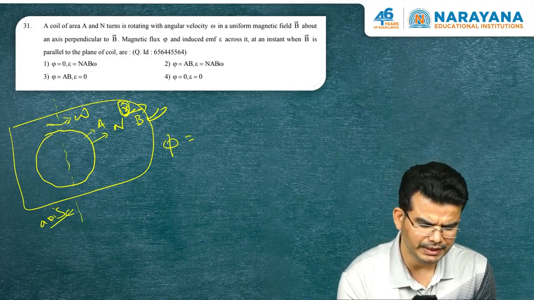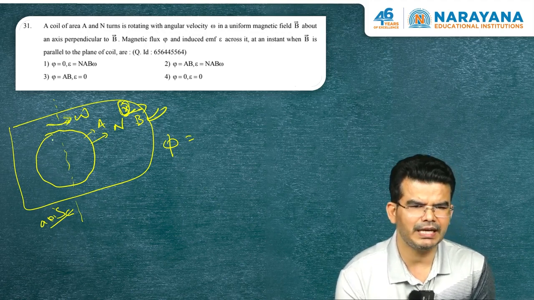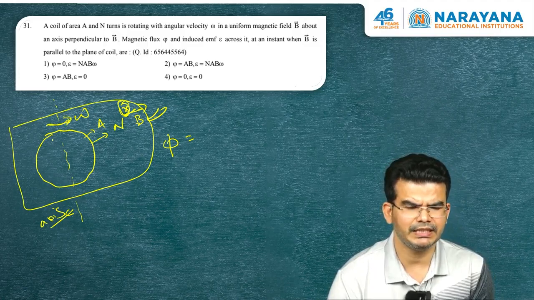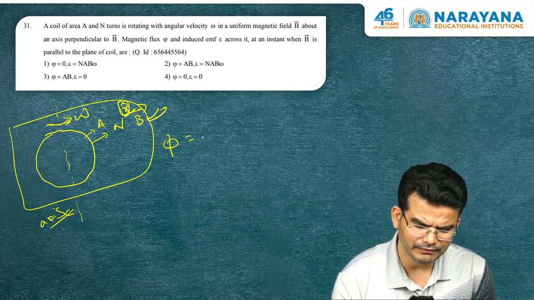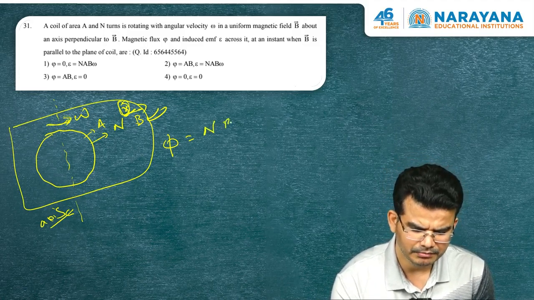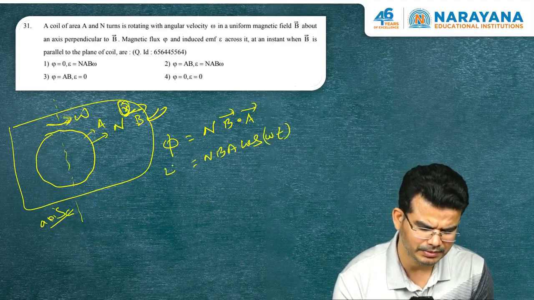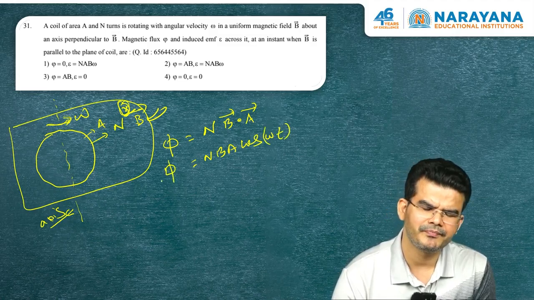Now, if it is rotating with omega, after some time it will rotate by an angle theta equal to omega t. At that time flux will be N B dot A, that is N B A cos theta, and theta is omega t. This is the flux.